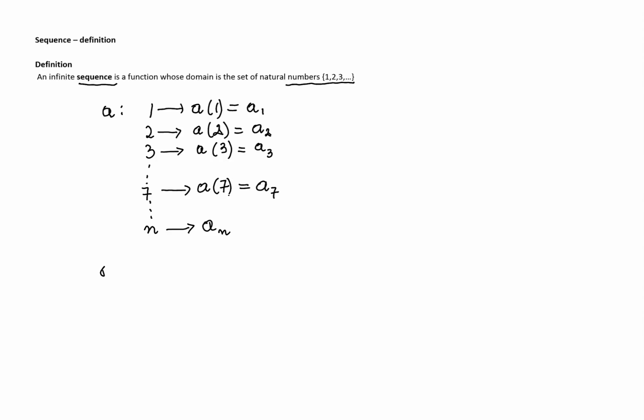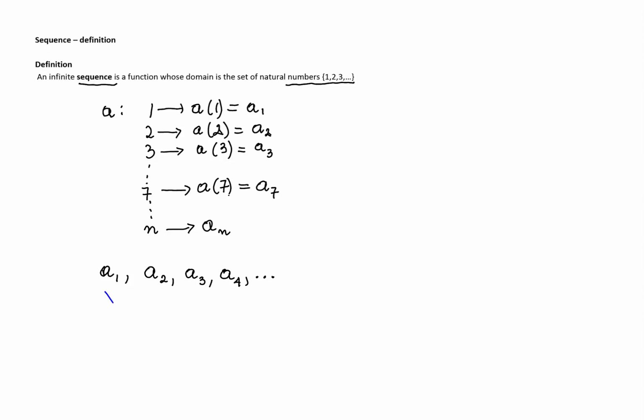So first we would write A sub 1 because it corresponds to the first value in that domain. Then we'll put A sub 2, then A sub 3, A sub 4, and so on. And to indicate that this pattern will continue, we'll put 3 dots.